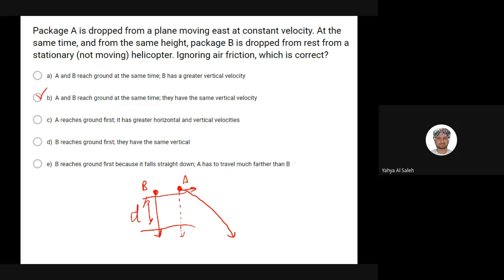They would still reach at the same time because the vertical distance is still the same. The only time it makes a difference with air resistance is if they have different profiles or different masses or different shapes, like the video we saw with the feather and the ball.